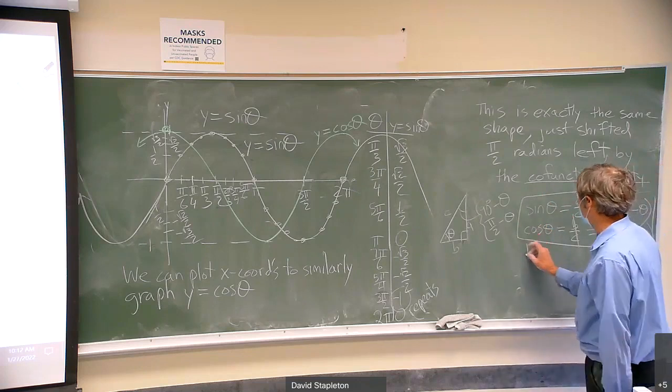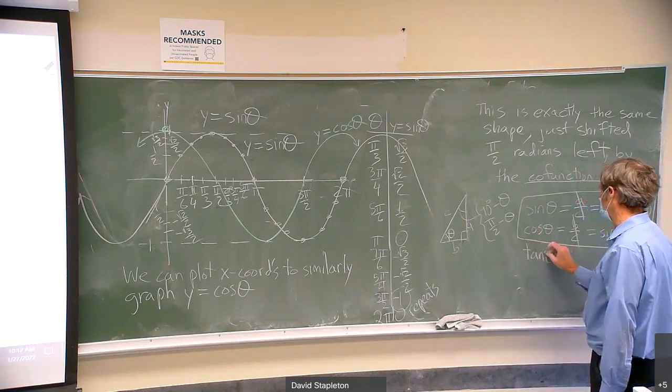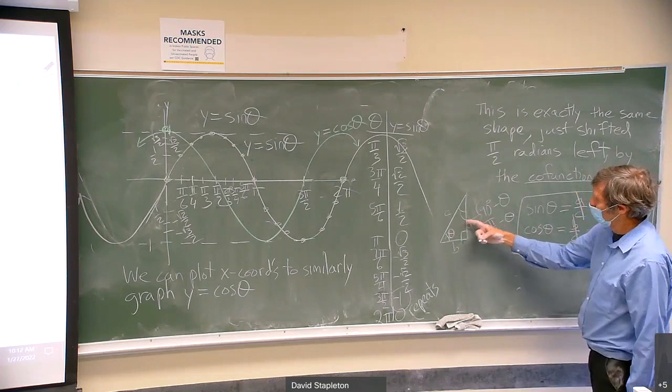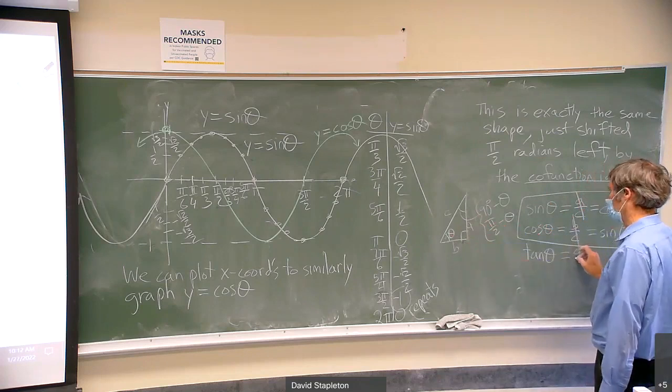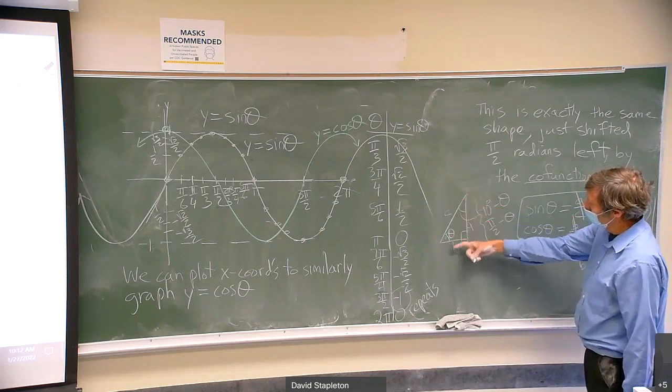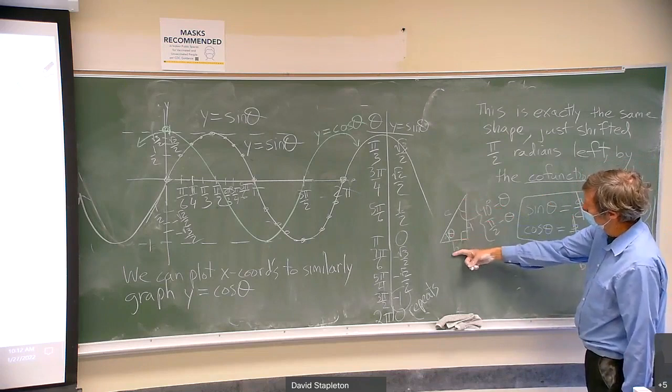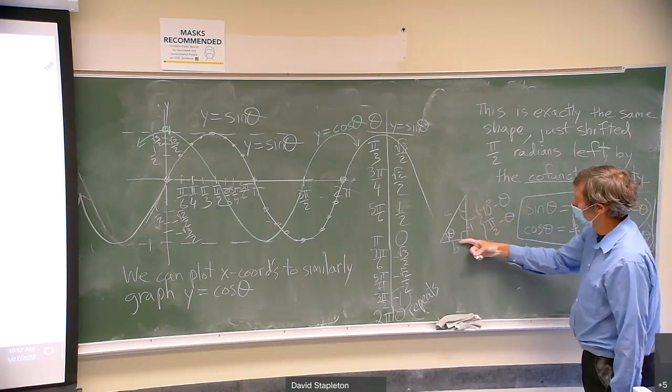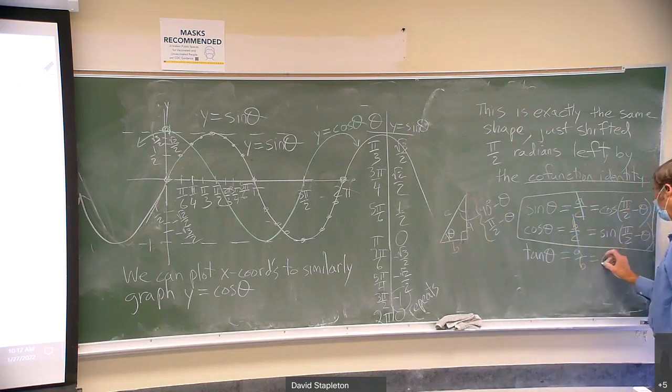And it holds for the other angles in pairs also. Tangent theta, what's that? Opposite over adjacent is A over B, but for this angle, that's adjacent over opposite, the cotangent of the other angle, pi over 2 minus theta.